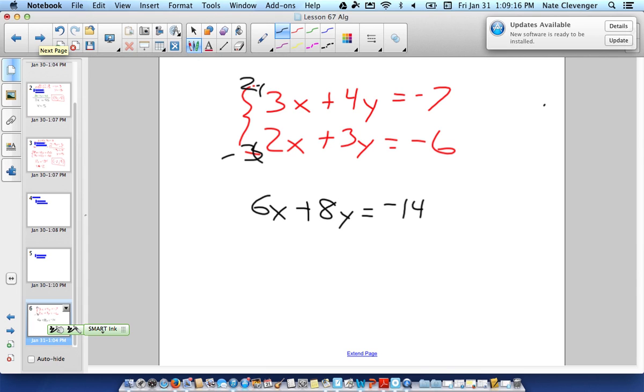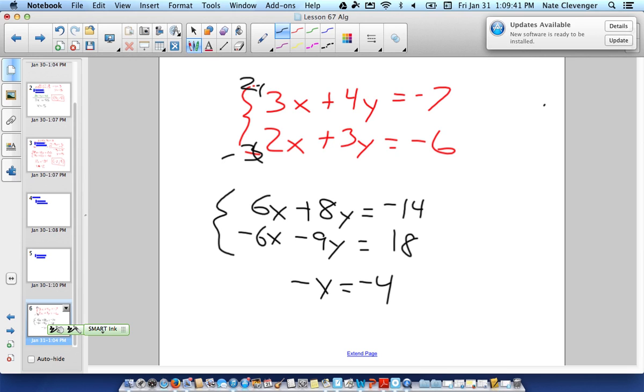Wouldn't the negatives cancel out though? No, never mind. They will on the bottom. Then we have negative 6x minus 9y equals a positive 18. And then your x's eliminate, so you end up with negative y equals negative 4. Uh-oh. I must have done the other one wrong then.